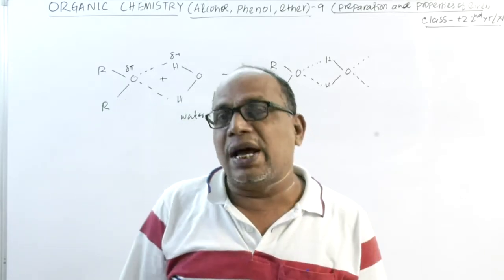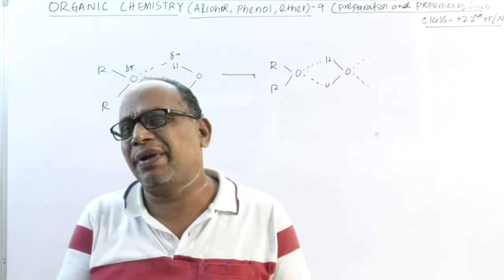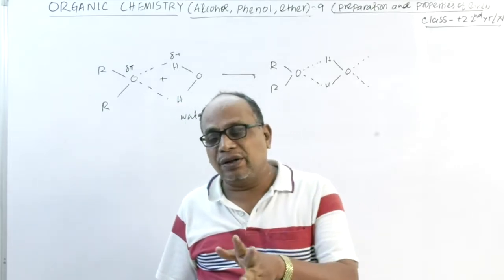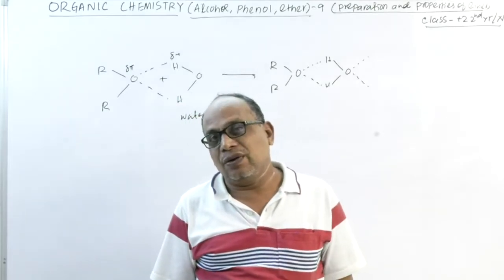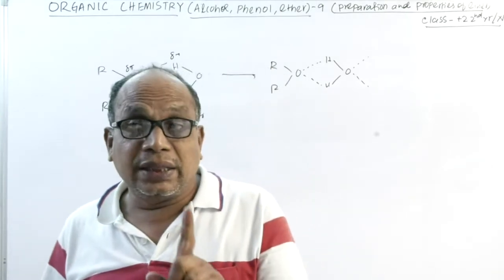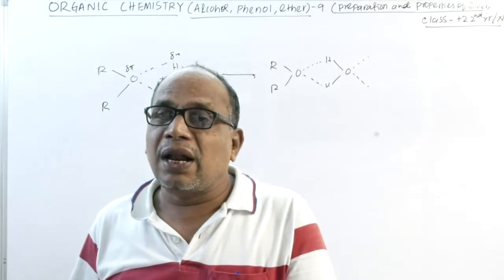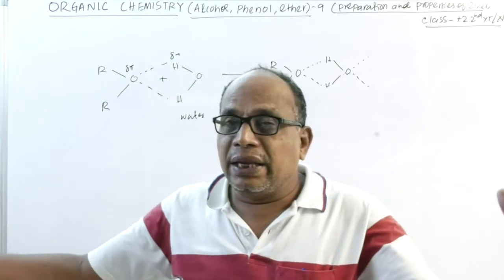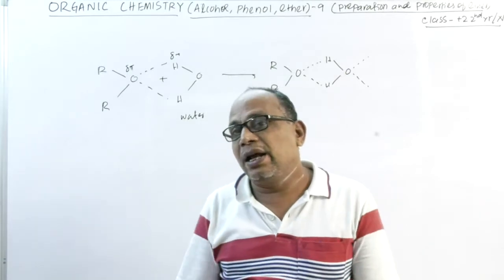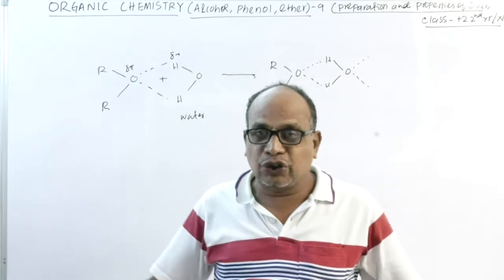Generally, ethers are non-polar. There is very small charge separation. That's why the boiling point and melting point of ether is less than that of alcohol. Because in alcohol there is the OH group, which can form intermolecular hydrogen bonds, meaning alcohol molecules are associated together by hydrogen bonds.